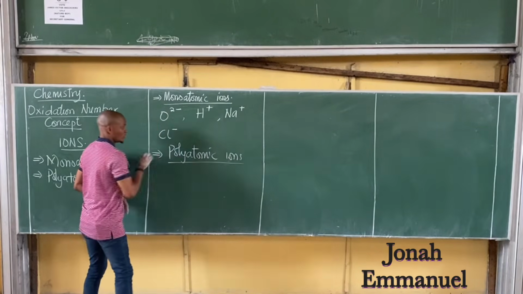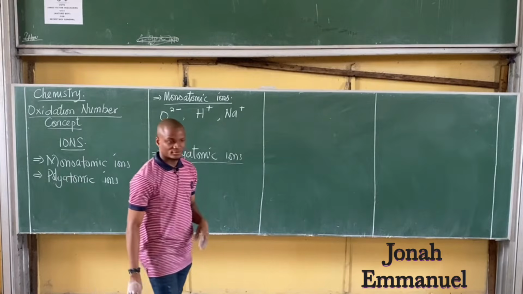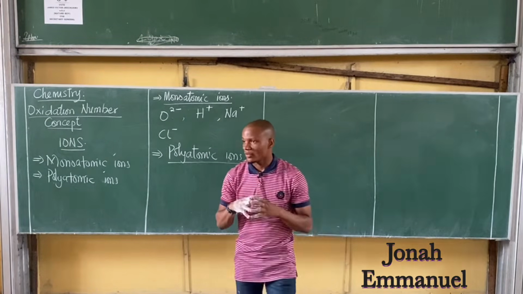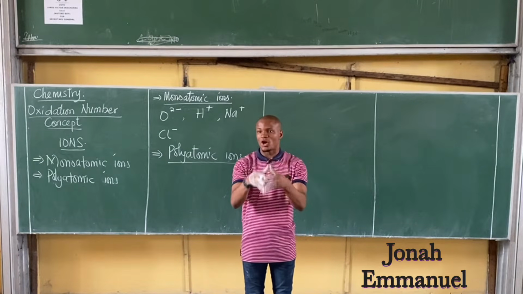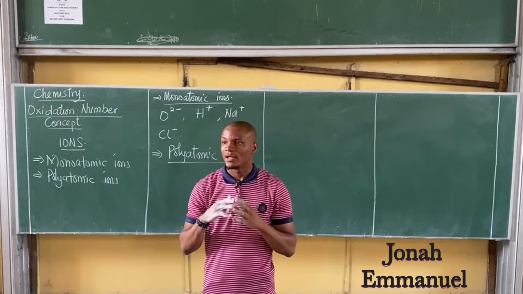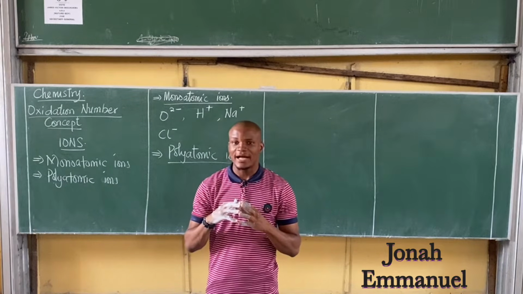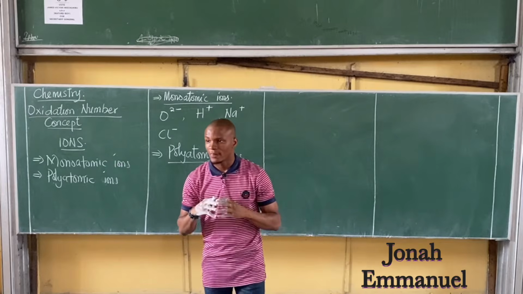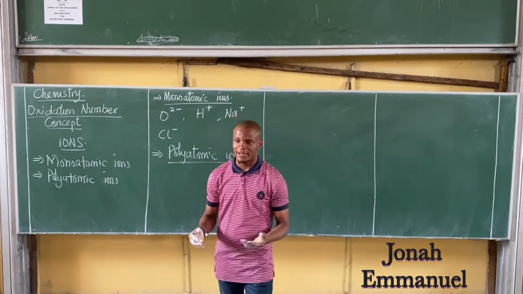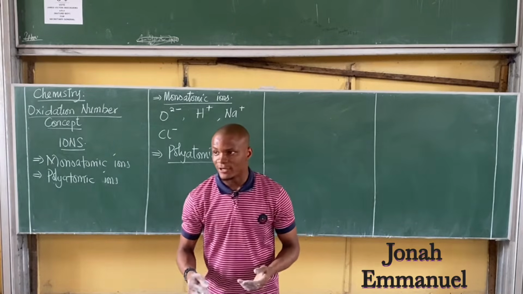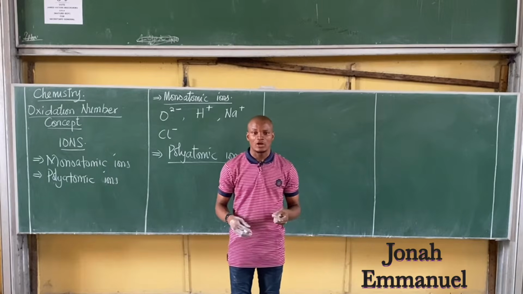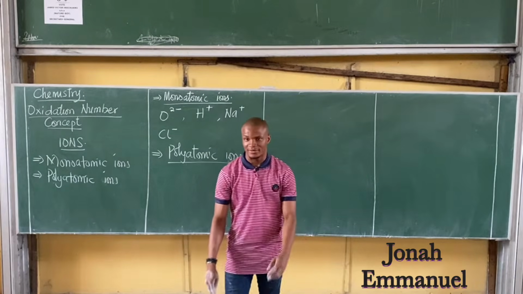Let's look at polyatomic ions. These are ions made up of several atoms joined together.